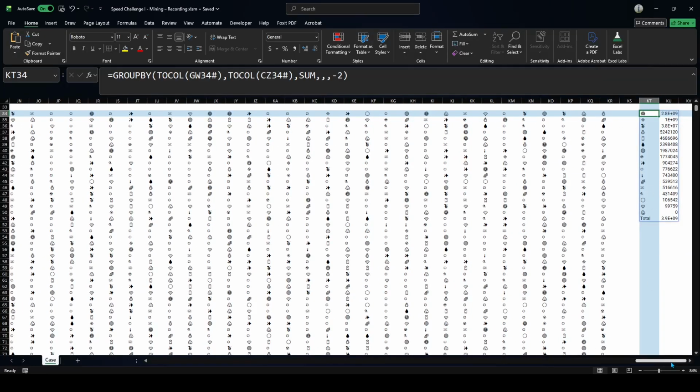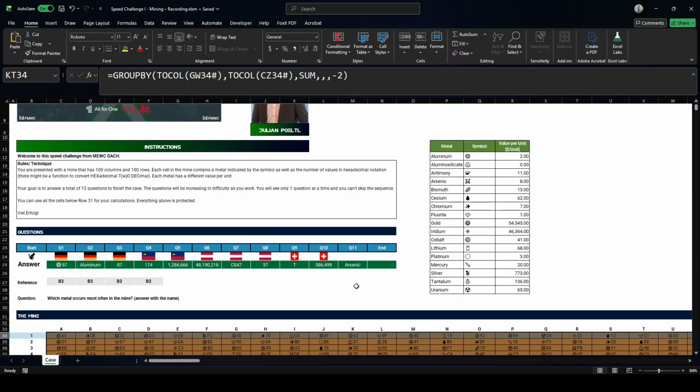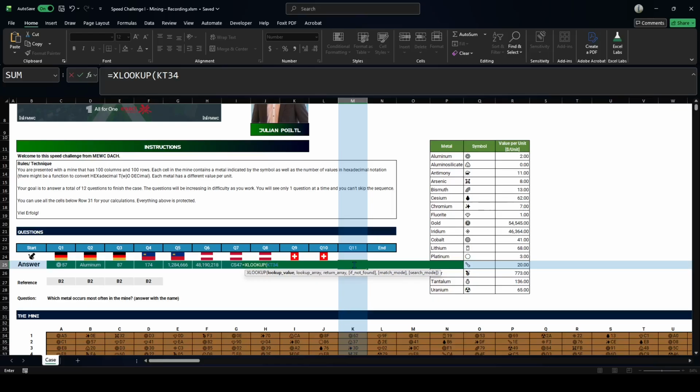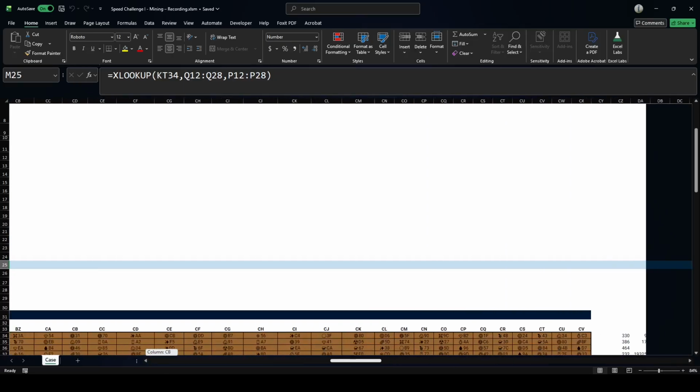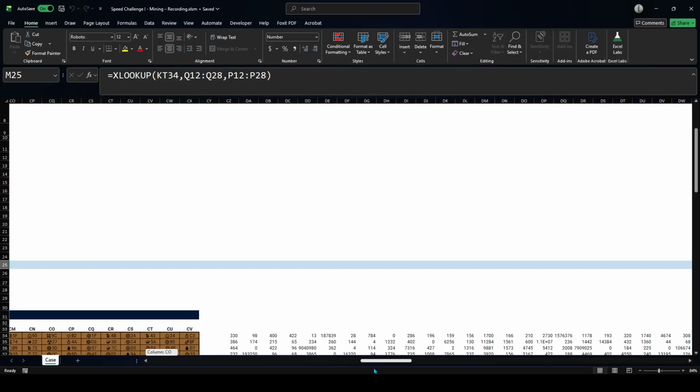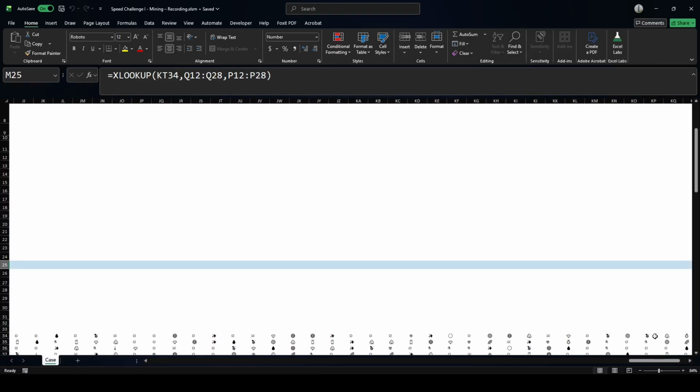This is KT34. X lookup KT34 and the symbol, return the name. Still not it? Because that's value. Oh. These are values, not counts. Got it.